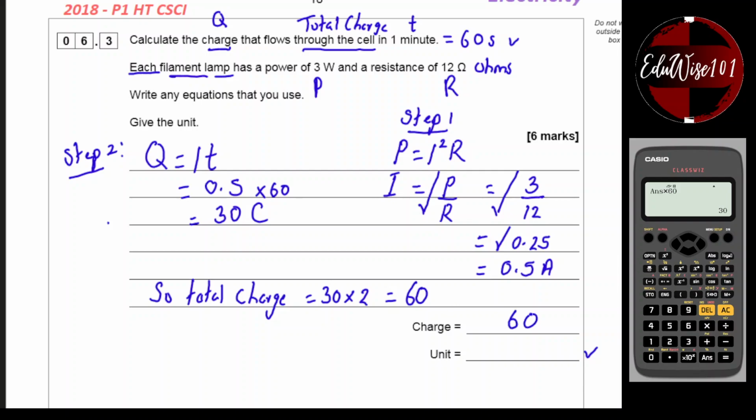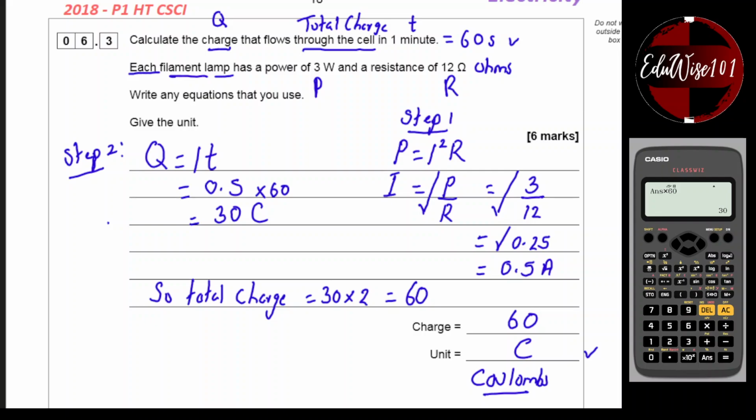So 60, the unit is coulombs. Right? You can write the symbol or write the word coulombs. Better write the symbol. Now, without the working, you still get 5 marks for the charge and 1 mark for the unit.